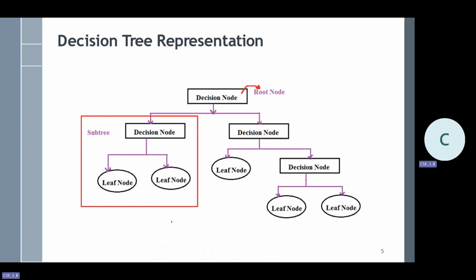For example, let us observe a sample decision tree: here is the decision node, that is the root node, and then the intermediate nodes, which are also decision nodes, and then the leaf node, which contains the decision. It can have any number of branches, and the leaf node contains the actual result, that is, which class the decision belongs to.